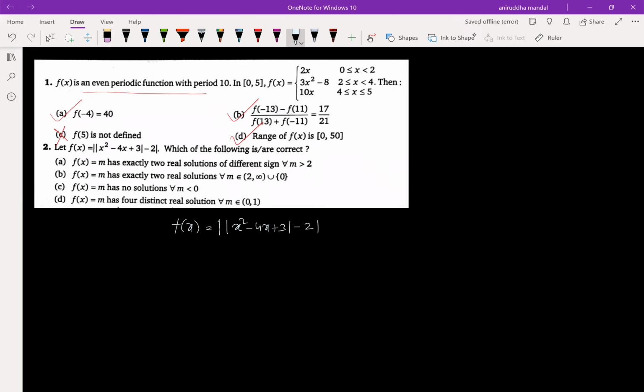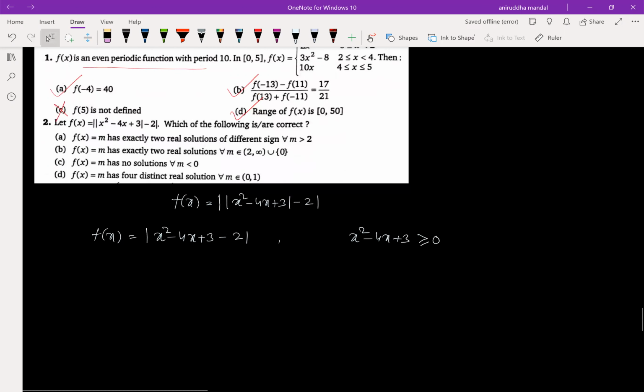So let's open this mod first. We have x² minus 4x plus 3 minus 2 when x² minus 4x plus 3 is greater than 0, and second is minus of x² minus 4x plus 3, minus 2, when x² minus 4x plus 3 is less than 0.